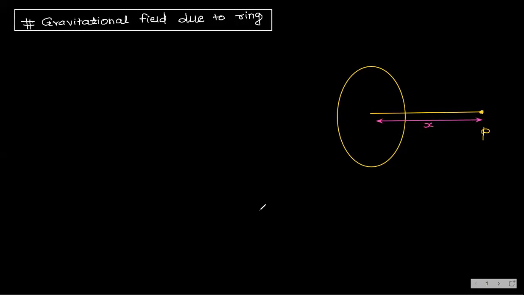Now, let us suppose this ring has a radius, let us suppose a.